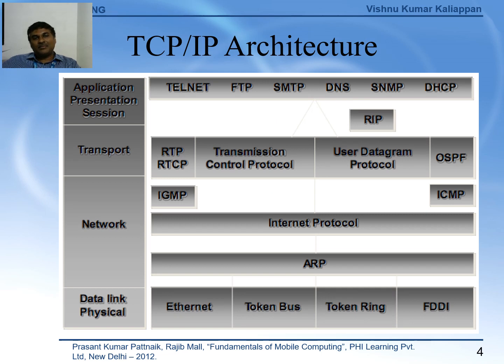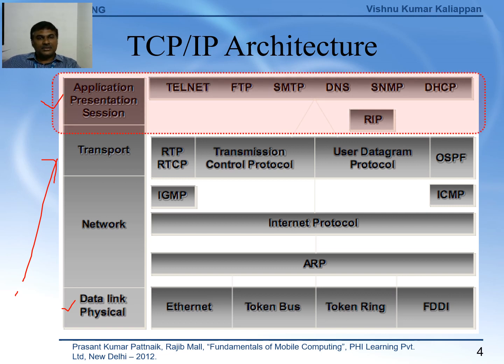So in the TCP/IP architecture, as we said, starting from the data link to the application layer, what are the different protocols responsible for it? First we will see the application, presentation, and session layers, together called the application layer. TCP takes responsibility for most of the applications used on this layer.